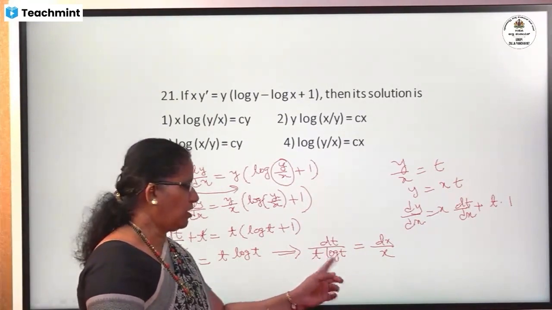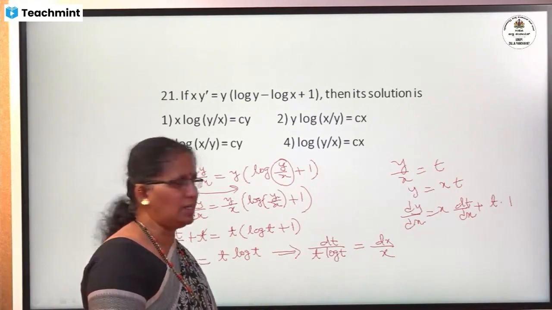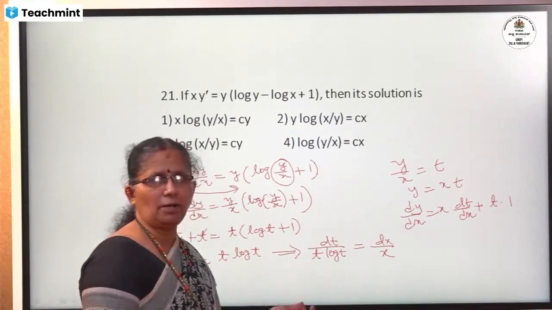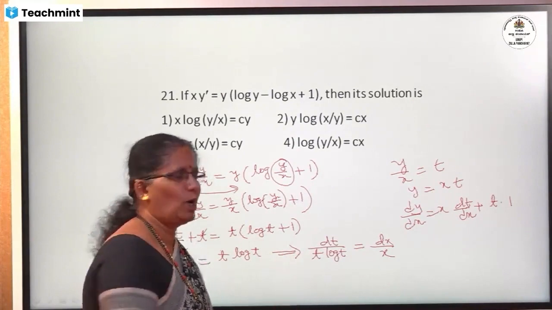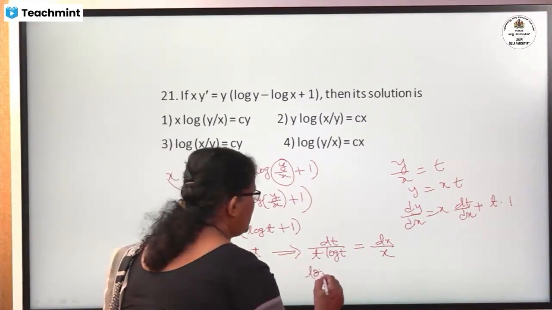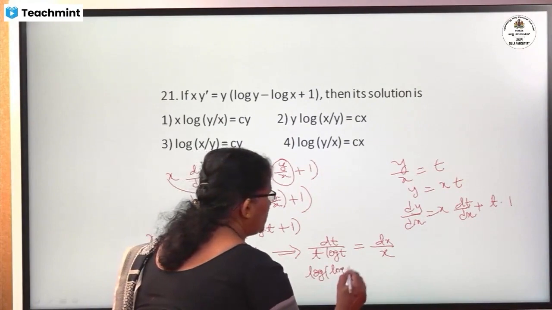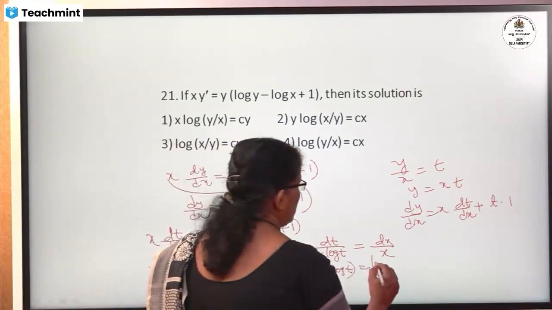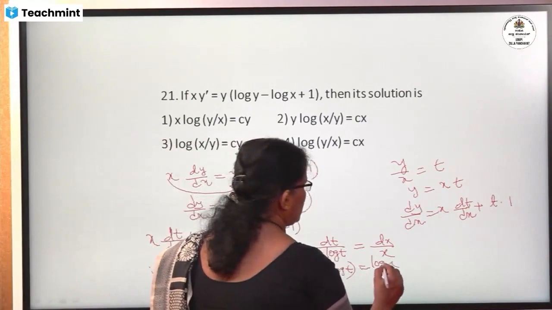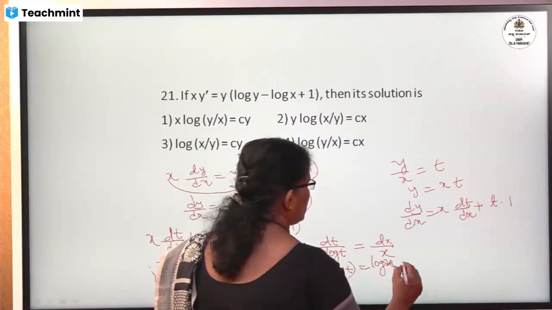You have to put log t is equal to some say z. 1 by t dt will become dz. And what is the integral of 1 by z? Log z. So this is log of log t equal to 1 by x, which means log x.